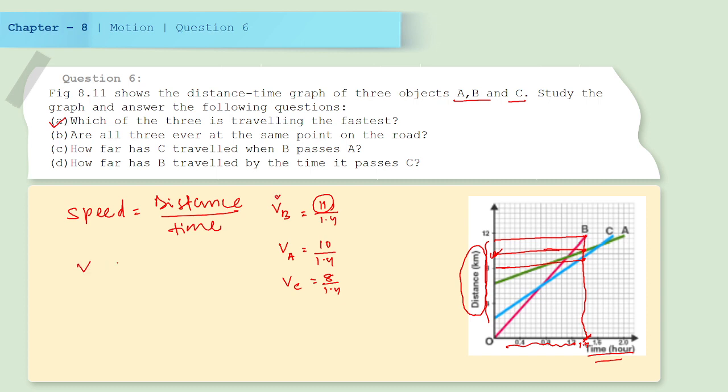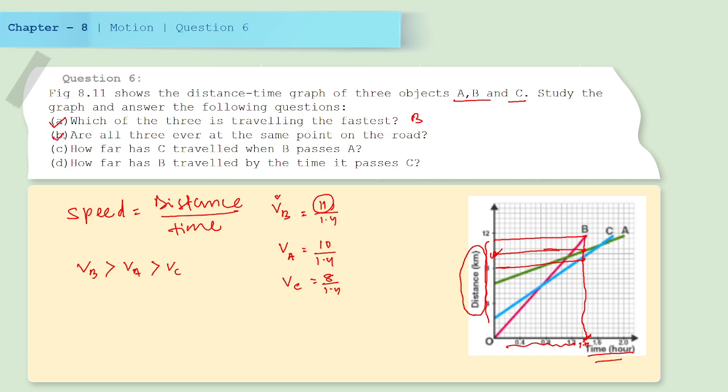So we can say the speed of B is more than the speed of A, which is greater than the speed of C. So our first question, which is traveling fastest? Definitely B is traveling more distance in the same time, so B is traveling fastest. Second question, I hope it's clear.